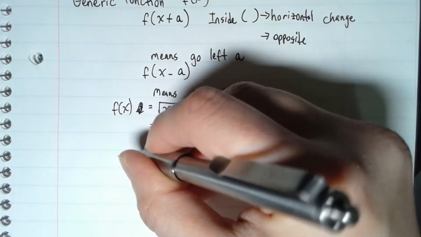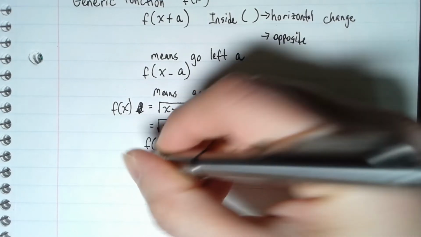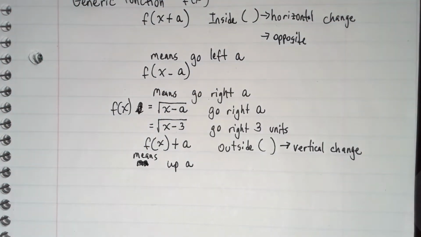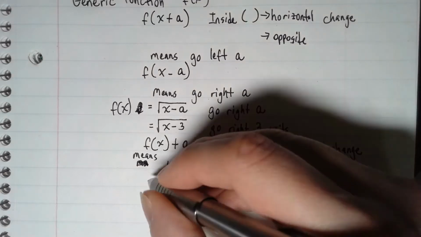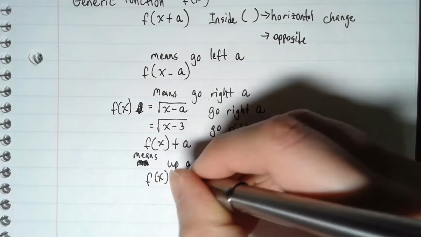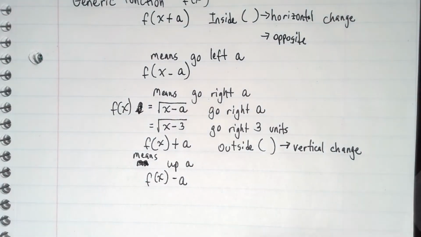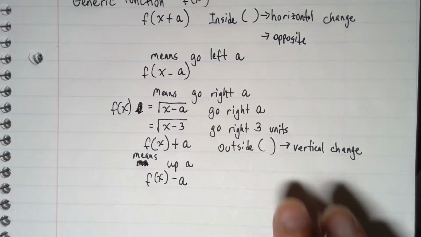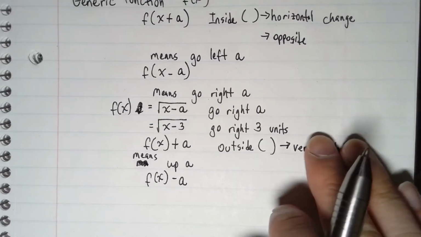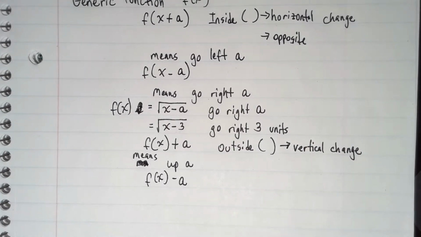It means the function f of x will shift up a units, whatever a is. And since we're subtracting a outside the parentheses, once again, it's some sort of vertical change, which means up or down, and this means down a.